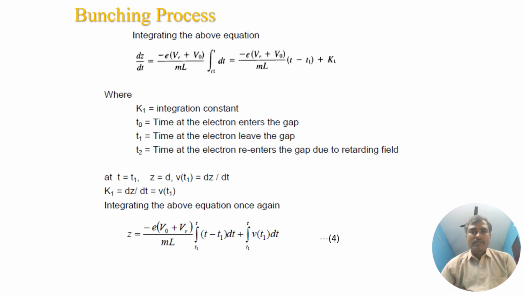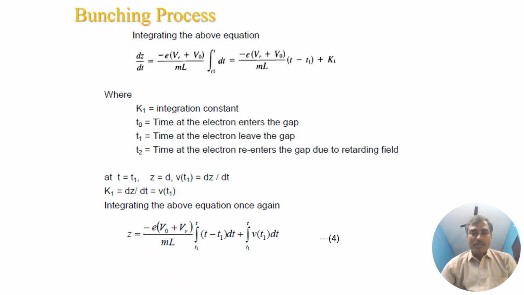By integrating equation number 3 with respect to time, we get the rate of change of distance with respect to time, which is equal to the speed of the electron, where k1 represents the integration constant. T0 is the time at which the electron enters the gap, T1 is the time at which the electron leaves the gap, and T2 is the time at which it re-enters the gap due to the retarding field.